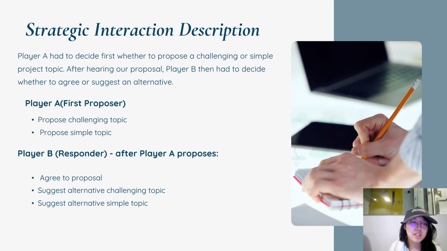Player B is the responder and has 3 options. The first is to agree to the proposal. The second is to suggest an alternative challenging topic, and the third is to suggest an alternative simple topic.